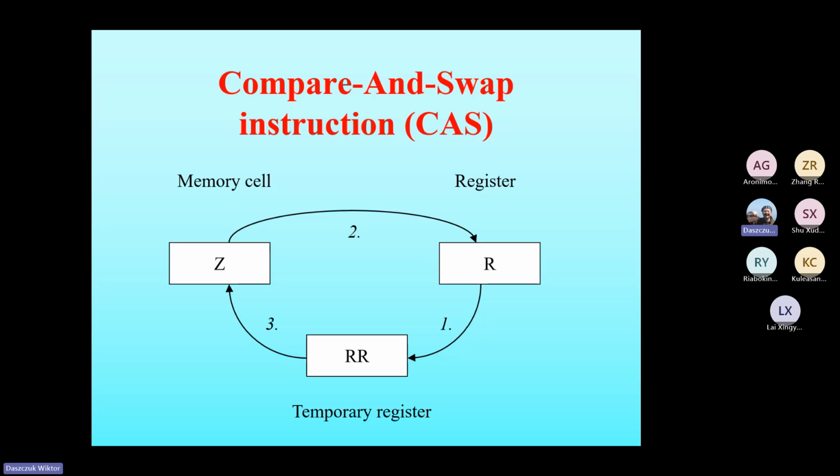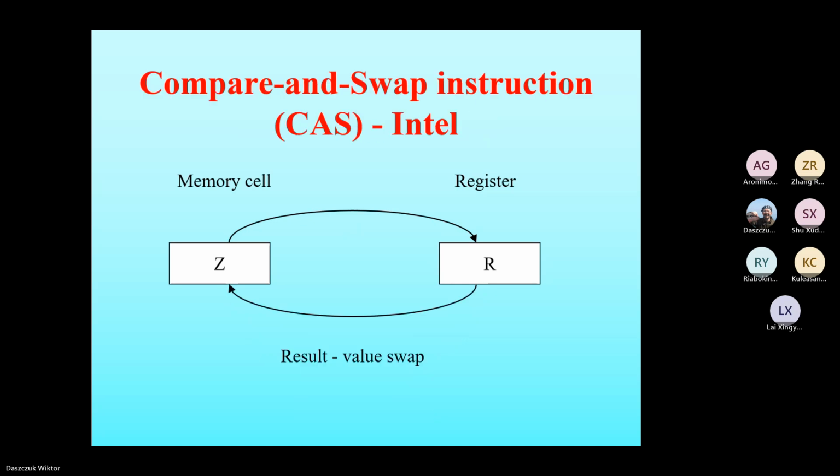Effectively, this sequence swaps Z with R. This is stored here temporarily, Z to R, then the temporary register to Z. That's why it's called compare and swap. When we abstract from the temporary register, we can just say that we swap the values of the register and memory cell.